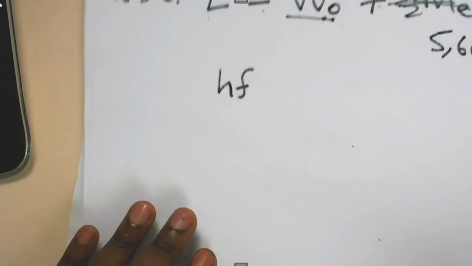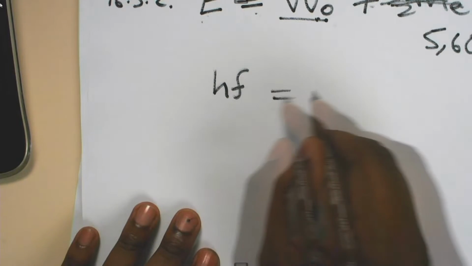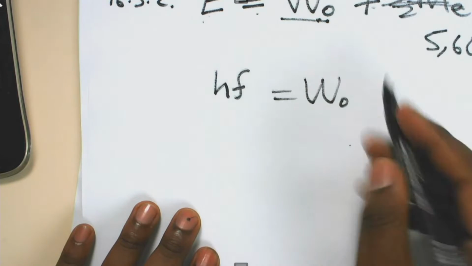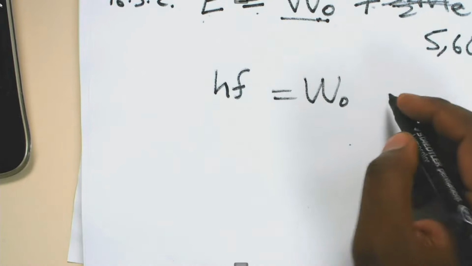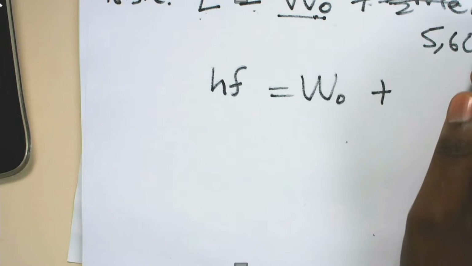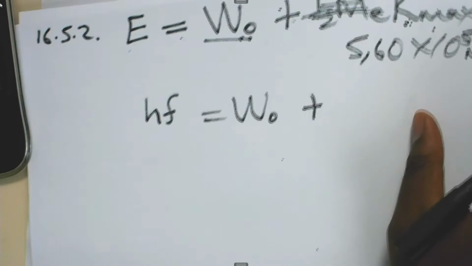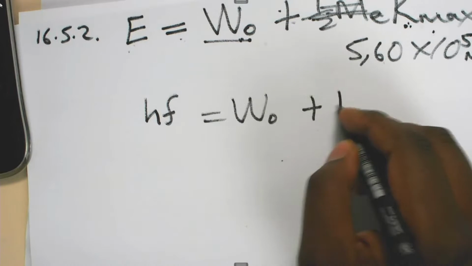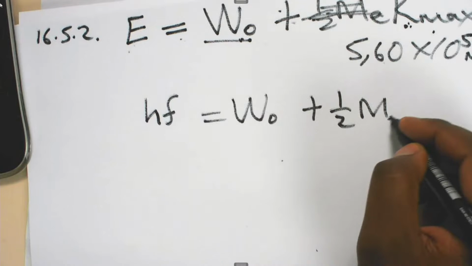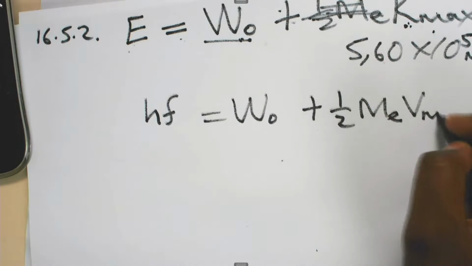Then this will be hf, which is equal to the work function. We leave the work function as is because we calculated it in 16.5.1, plus the kinetic energy, which we express in terms of the speed, half m_e V max squared.